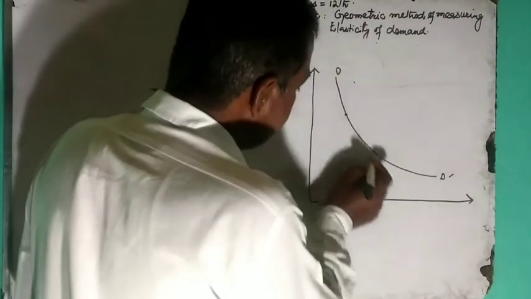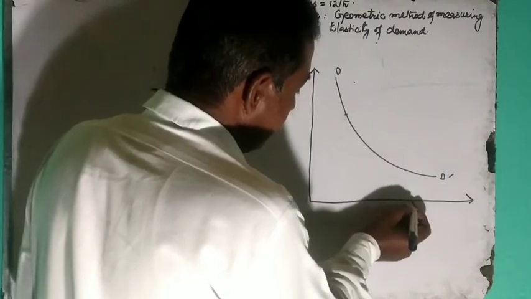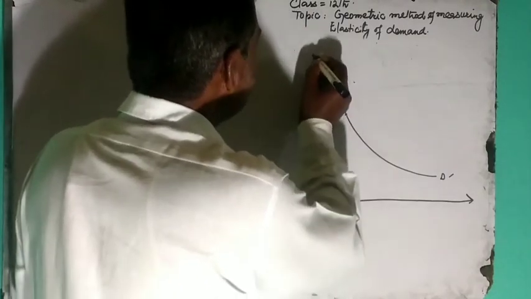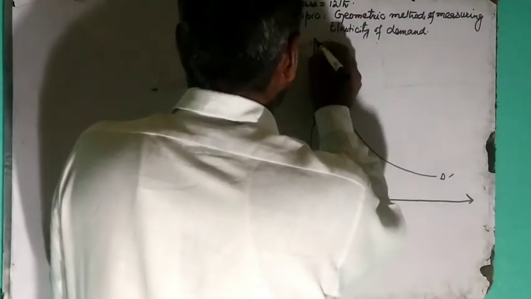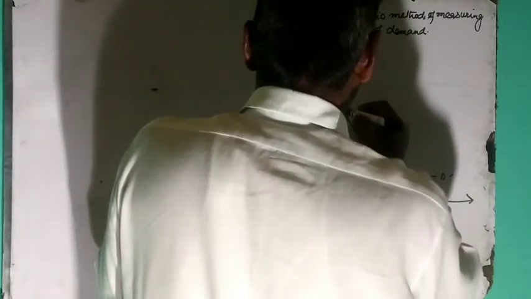When we draw a tangent, it will touch the x-axis somewhere here and the y-axis somewhere here. This is one tangent.